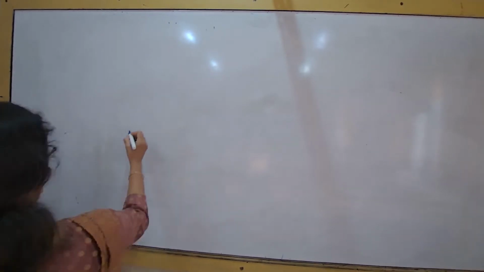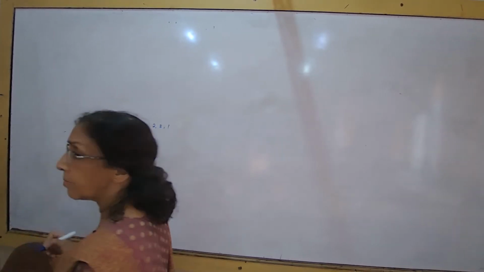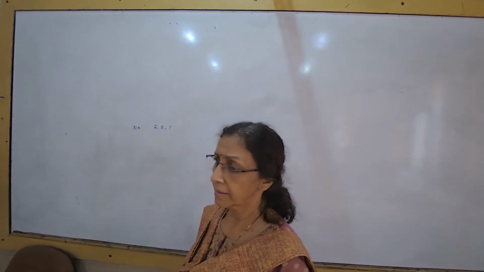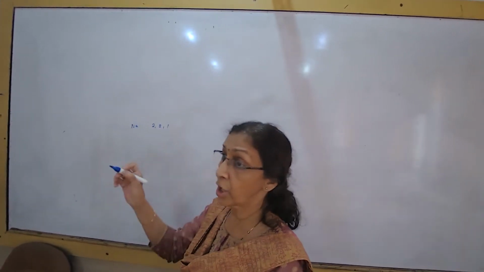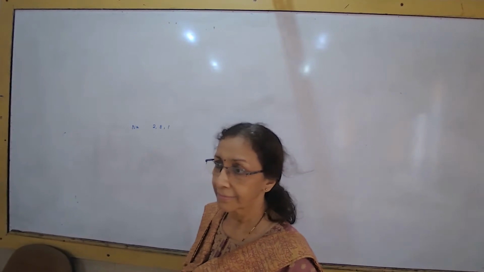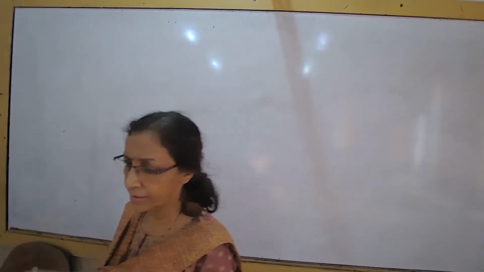Don't look at that. 2, 8, correct. So sodium is 2, 8, 1. How do we remember? First orbit always has 2. It cannot be 2, 1. Got it now? First orbit always 2, next orbit is 8, then it picks up.